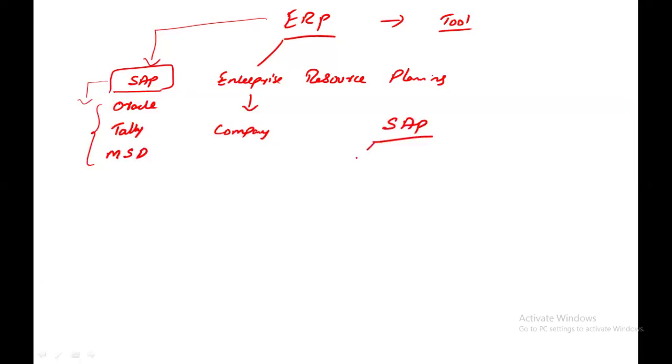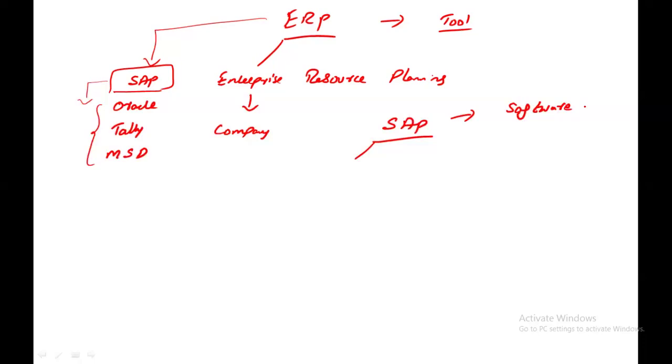So SAP is nothing but, I already mentioned, SAP is a software, just a software. I think you guys know what is software. So what all applications you get in your Play Store are all software. So SAP is also an application which is used for the planning.